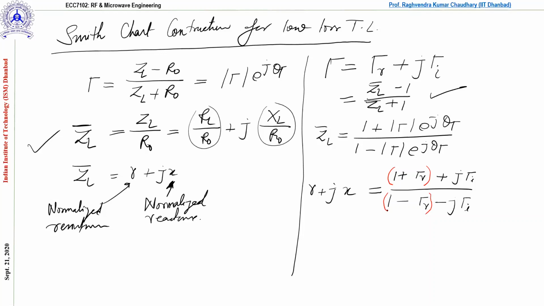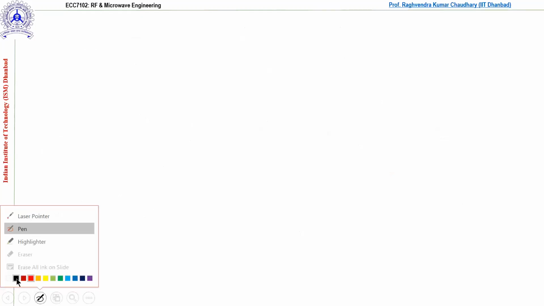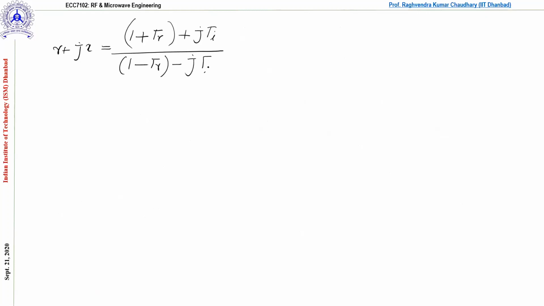Now everything is written in terms of the normalized values. We need to do a little bit of mathematics here to rearrange the things. So r plus jx is equal to (1 plus gamma r plus j times gamma i) divided by (1 minus gamma r minus j times gamma i).